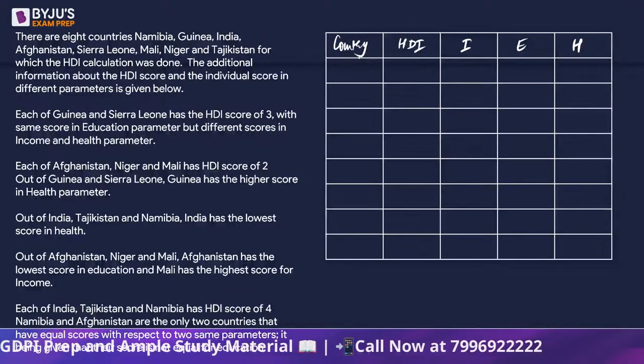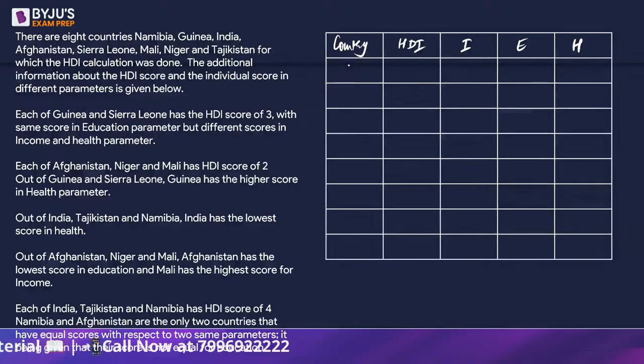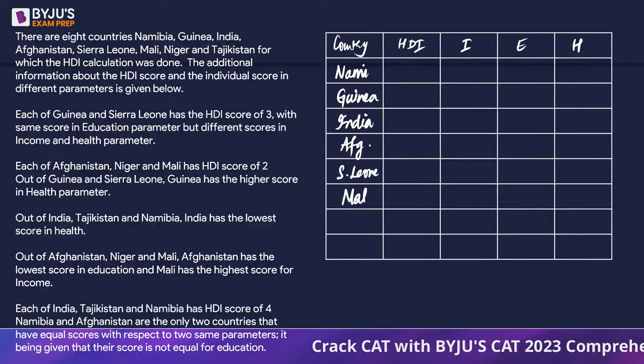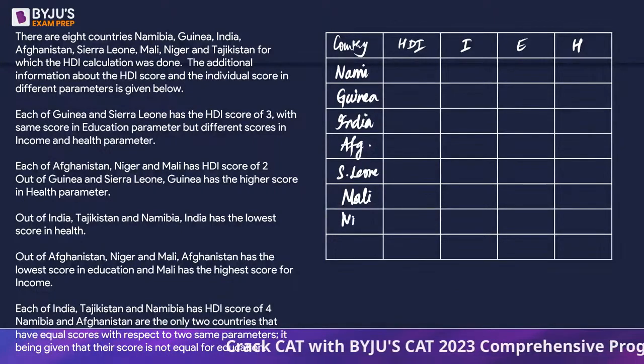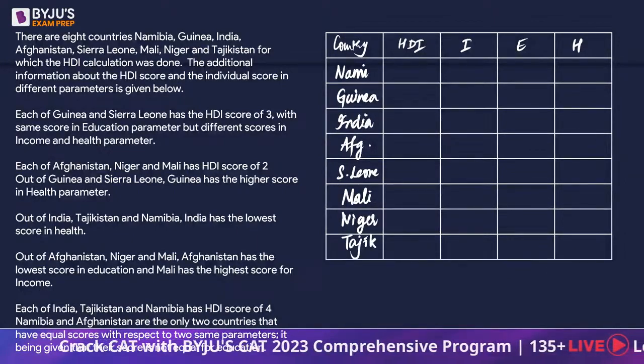So the countries that we have are Namibia, Guinea, India, Afghanistan, Sierra Leone, Mali, Niger, and Tajikistan.